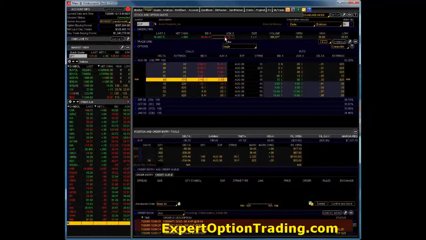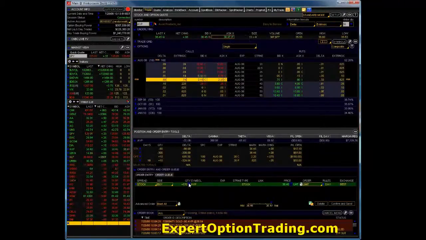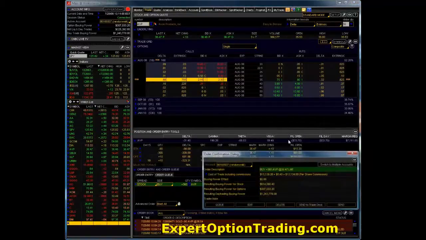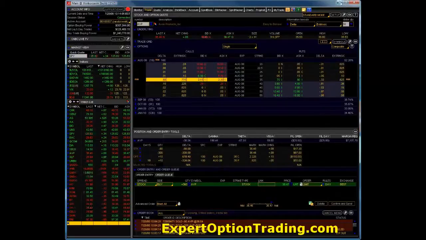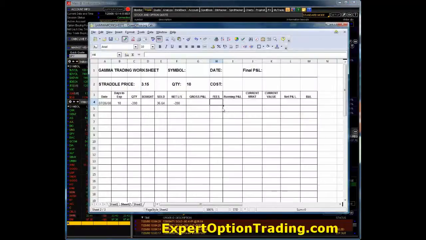Let's just see exactly how much that is. Yeah, that was $5.40. So it's relatively inexpensive to trade stock rather than options all the time.